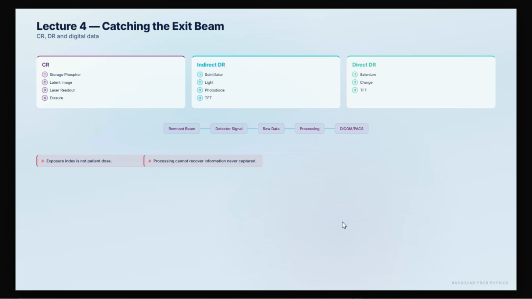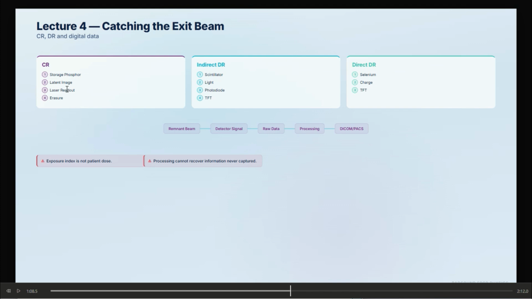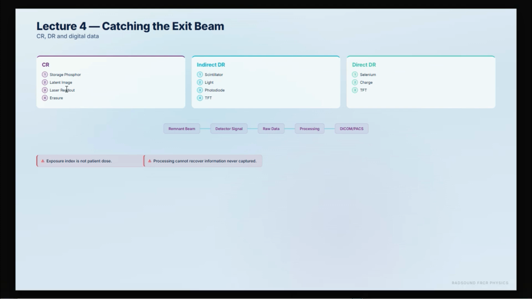That barium fluorohalide could be bromide, could be iodide. That would start changes inside the structure and form a latent image. The latent image is going to get exposed to a red laser light that will read out to get our image, and then immediately the plate is going to be erased using white light.